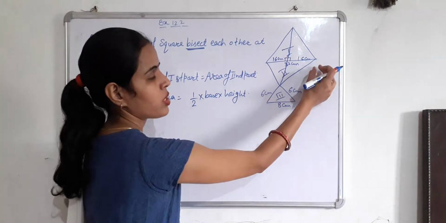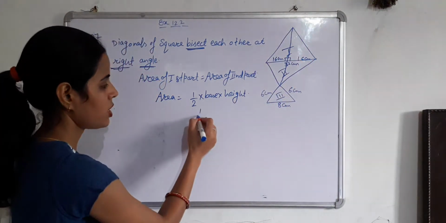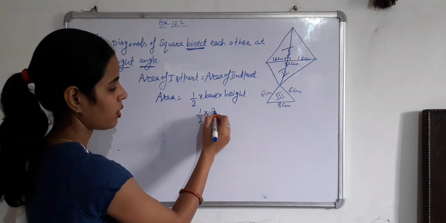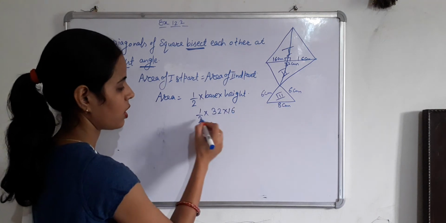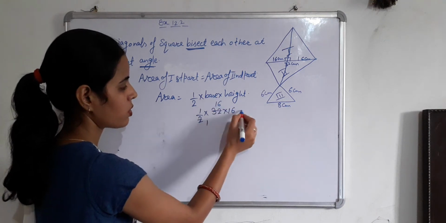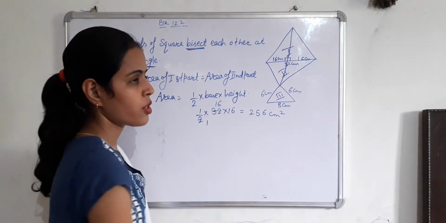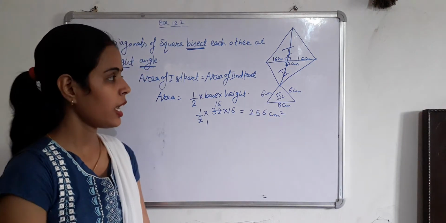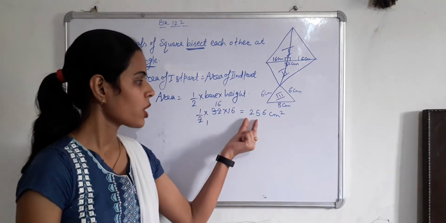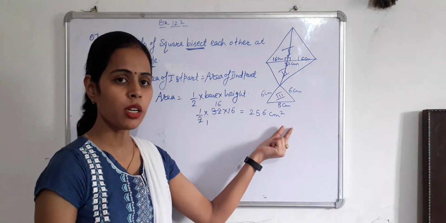Base is 32 centimeter and height is 16 centimeter. 1 upon 2 into 32 into 16. 32 is cancelled by 2, 16. 16 into 16, 256. So area of first part and area of second part equals 256 centimeter square.